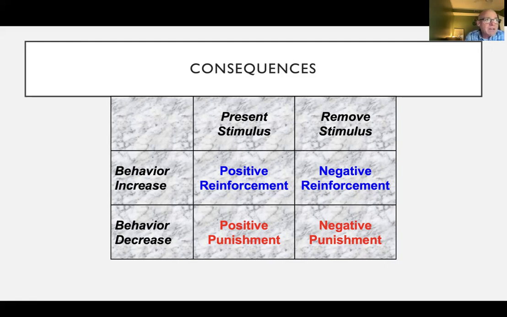If, on the other hand, the thing that leads to your behavioral decrease is something that's been taken away from you, then that's called a removal punishment or a negative punishment, or what some folks will actually call a response cost. So that's a very common situation where I ground you, take away phone privileges, remove things that you desire, in order to get you to stop doing a behavior that I don't like.